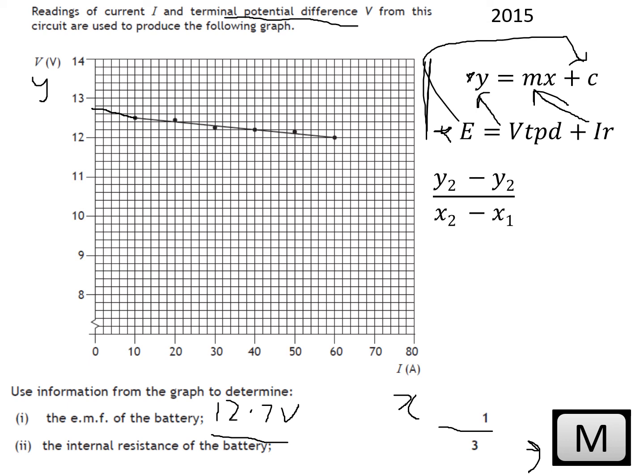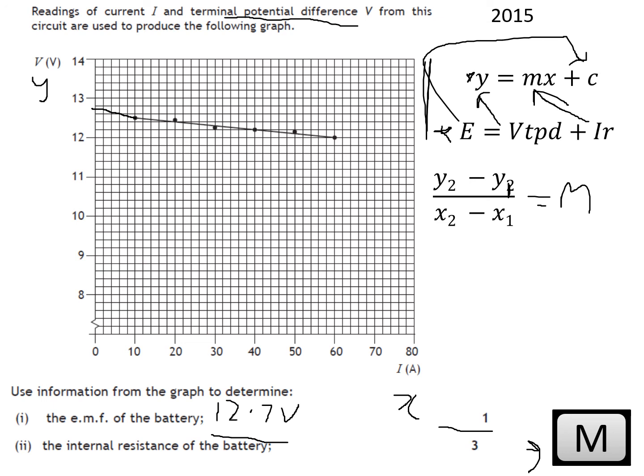So the gradient, remember, is m, which is y2 minus y1 over x2 minus x1. Okay, so we know that that's the gradient there. Now, again, a wee bit of technique for you, and this will come in handy for your assignments.